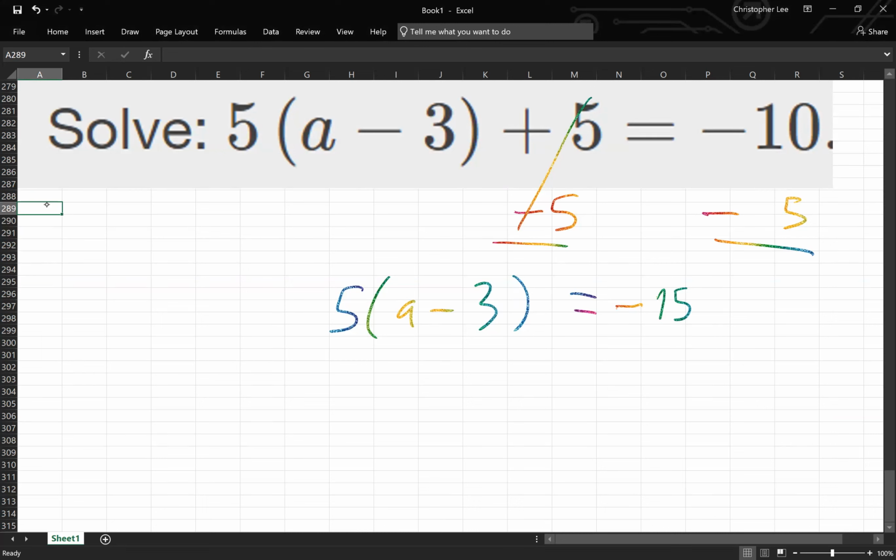After that, I want to divide by this 5 right here. What I do to one side, I have to do to the other. This leaves me with A minus 3 is equal to -3, basically. Then I want to add 3 over here. What I do to one side, I do to the other. So I have A is equal to 0.